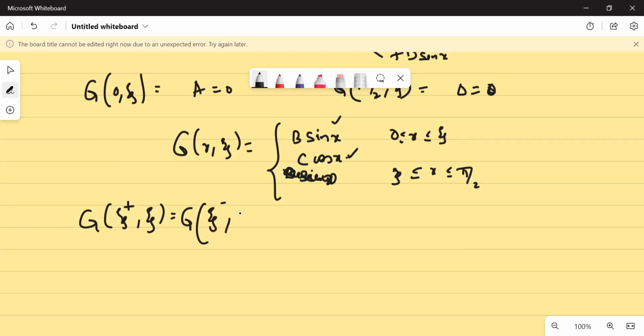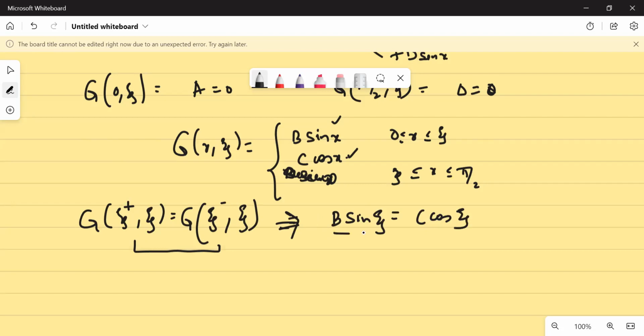So what I can do, I can simply use this continuity condition. That is, my Green's function must be continuous at zeta. And if it is continuous at zeta, it implies your b sine zeta is equal to c cosine zeta. And the fourth condition that I told you was that the derivative of this Green's function is discontinuous at zeta.